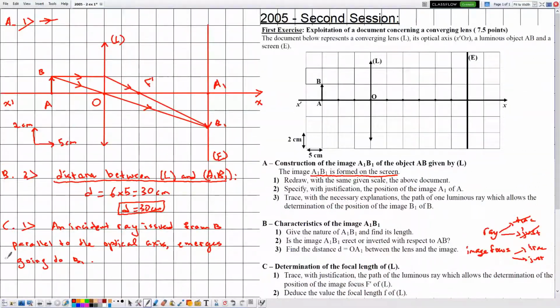Now let's do the justification. Then the image focus, which is denoted by F prime, is the intersection of the emergent ray with the optical axis.